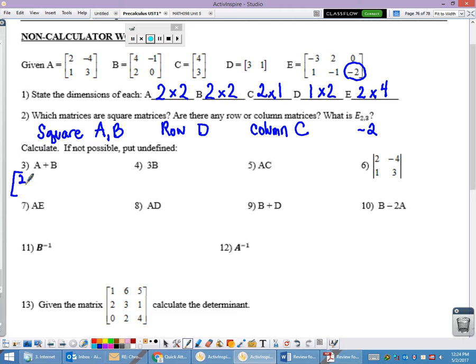So I'm going to take my matrix A, 2, -4, 1, and 3, and then I'm going to take matrix B, which gives me 4, -1, 2, and 0, and I'm just going to add each element to the one that corresponds to it.